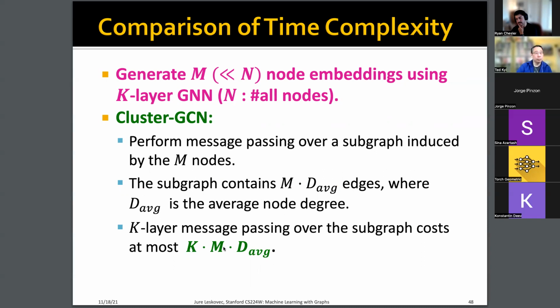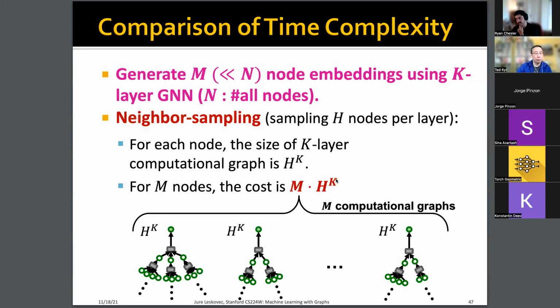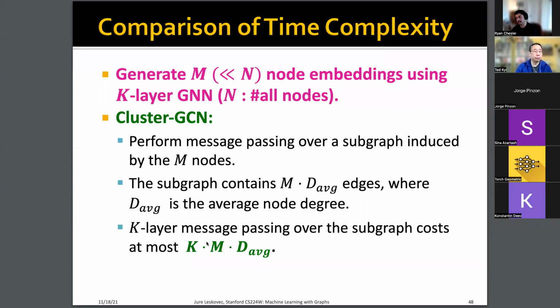So this has removed that H to the K that can end up being a problem for us, depending on our H and depending on our K. It can be manageable, but this prevents that from ever being a problem. If you set K high, it's always going to end up being a problem, but in general it protects against runaway complexity like that.